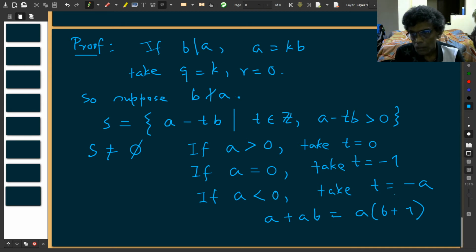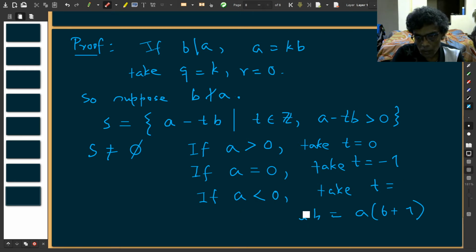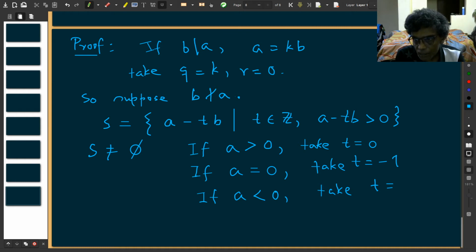No. Sorry. A is negative already, so I should take T equal to A. Not minus A. A is already negative. So I take T equal to A. Then what is this? A minus TB is A minus AB, 1 minus B, A.